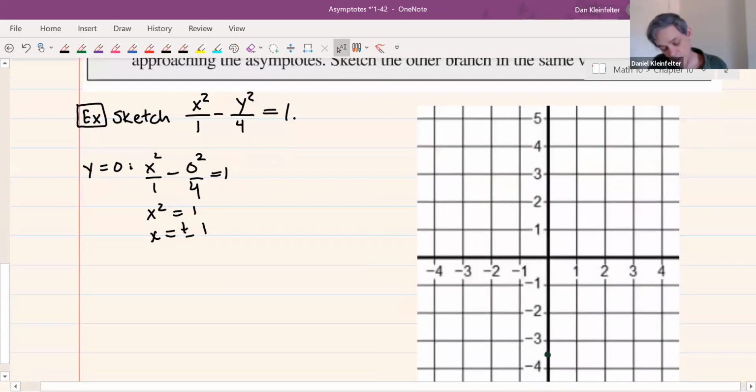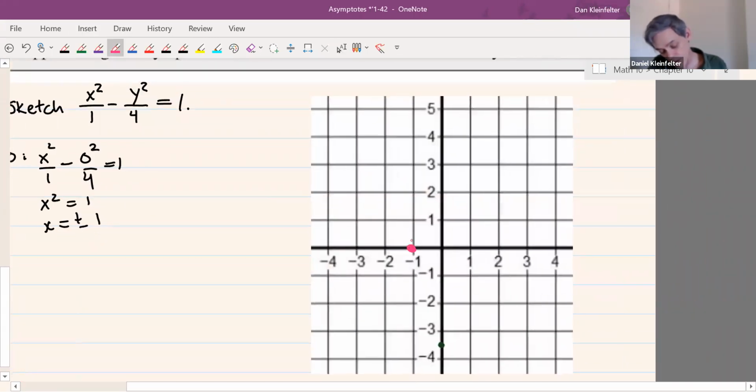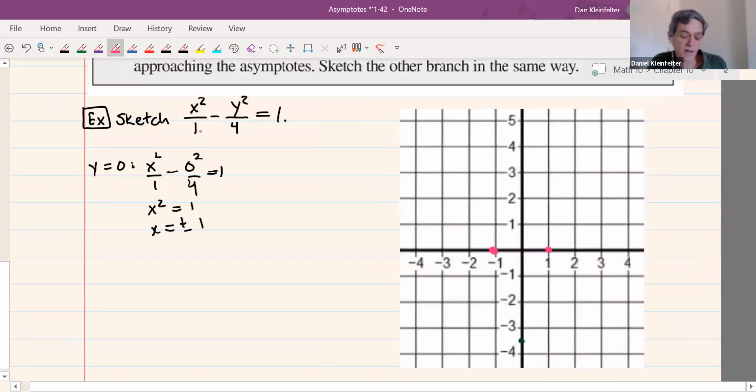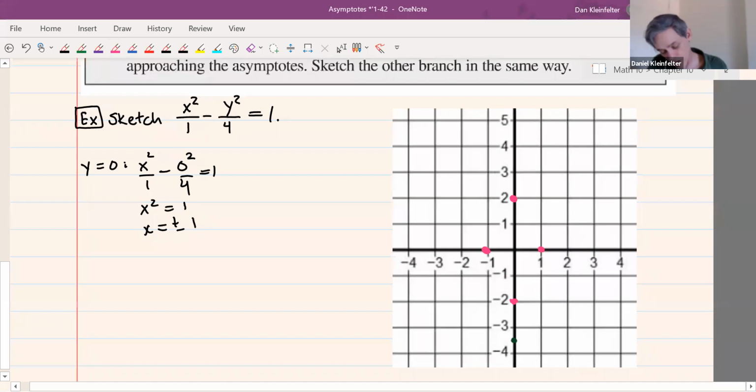Okay, and notice that the square roots of 1 are the denominator on our x term. If you take a look at the y term, the denominator for the y term is 4. The square roots of 4 are 2 and negative 2. So go up to 0, 2 and down to 0, negative 2.